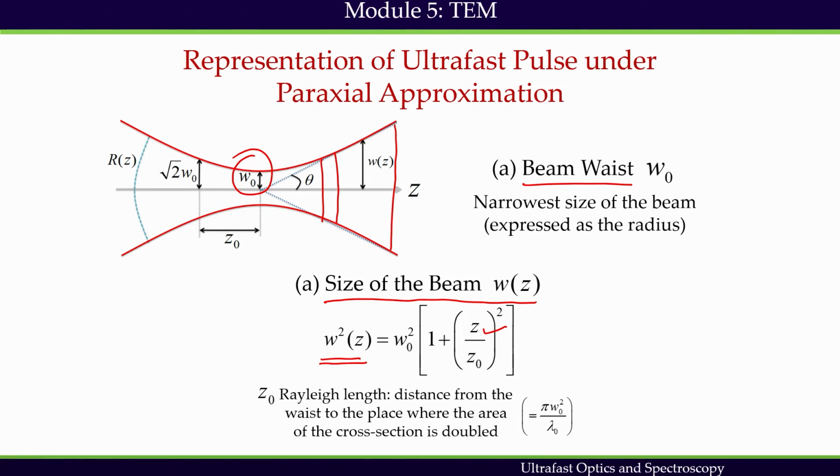Here z naught is called the Rayleigh length. Rayleigh length is the distance along the propagation direction of the beam from the waist to the place where the area of the cross section is doubled. So, this length is called Rayleigh length, z naught.